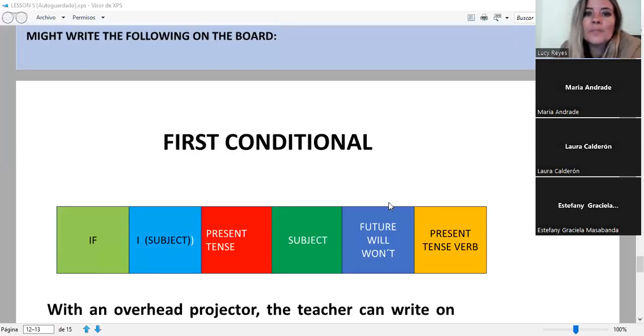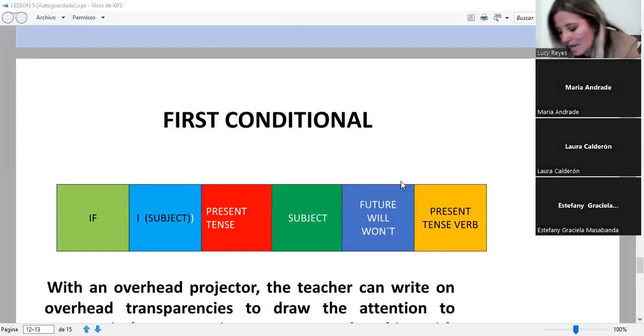Anybody else? Okay, I'm going to show you, but you have described some of the stages of the ESA, right? You describe the engage, you describe maybe you model, right?